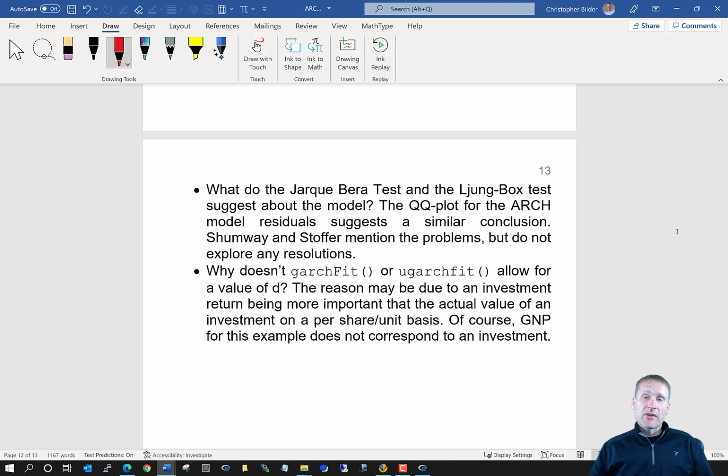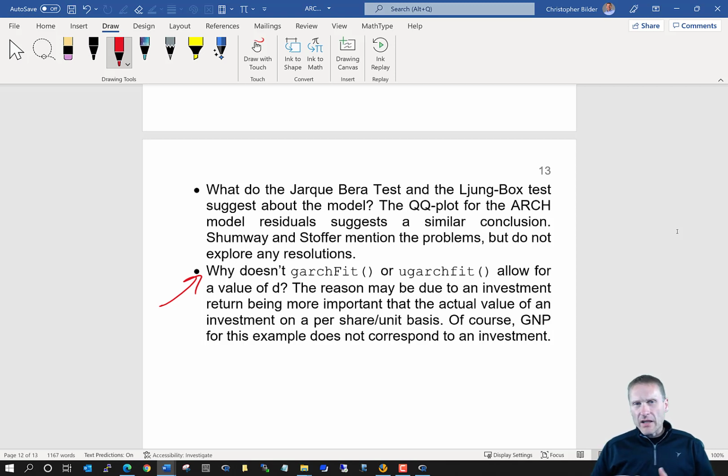But again, the purpose here was to illustrate the idea of how to estimate both an ARIMA and an ARCH model simultaneously, and that's what I did here. On your own, if you're interested, you could explore this data further to see if you can get a better model.